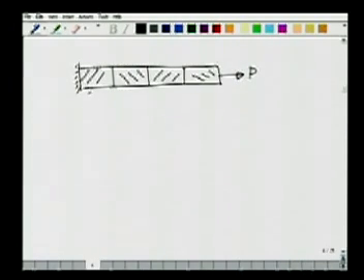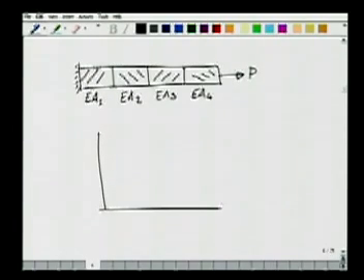So I may have EA1 here, EA2 here, EA3 here, EA4 here. This may be a problem that is of interest to us. In both these cases, the solution, if I look at the exact solution, does something like this.